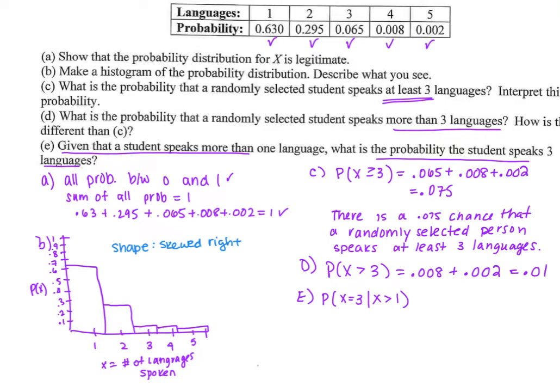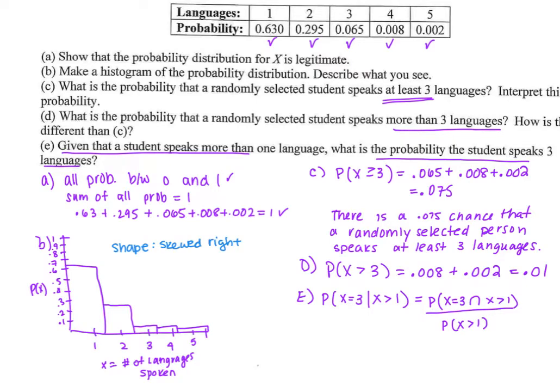This formula is on your formula sheet if you forget it, but this is the conditional probability formula. It'll be the probability that X equals 3 and X is greater than 1, over the probability that X is greater than 1.